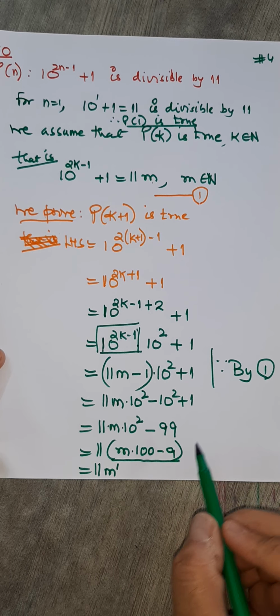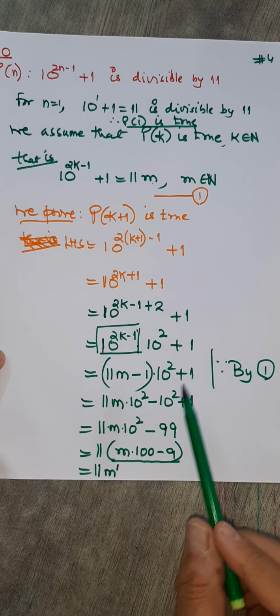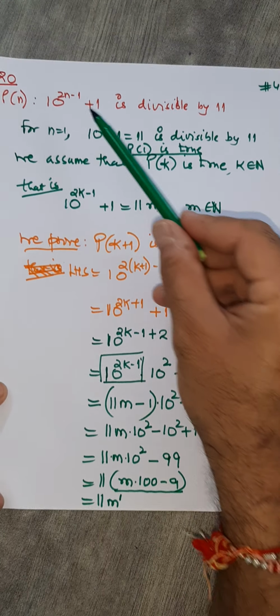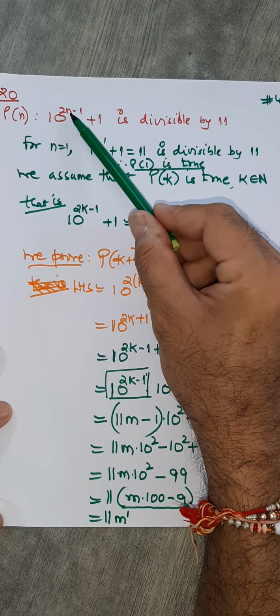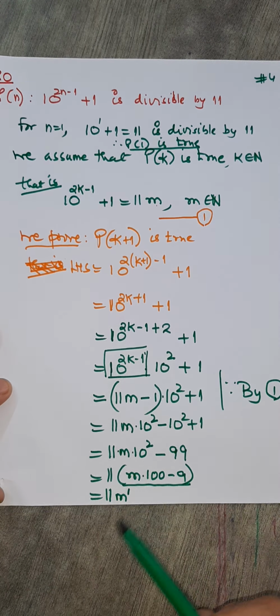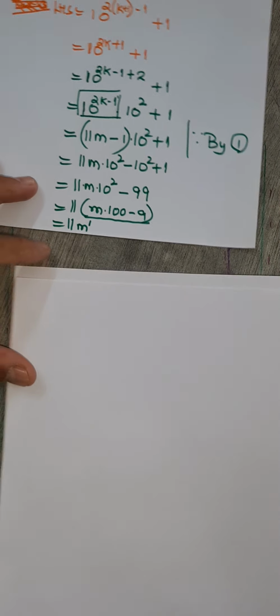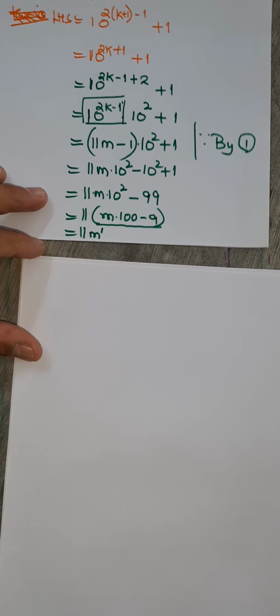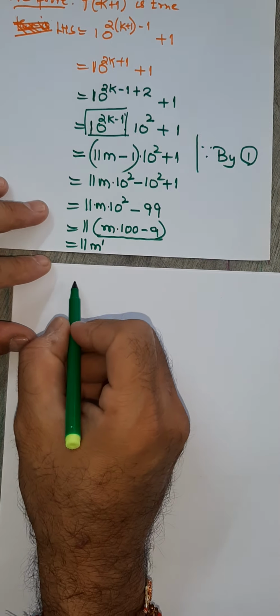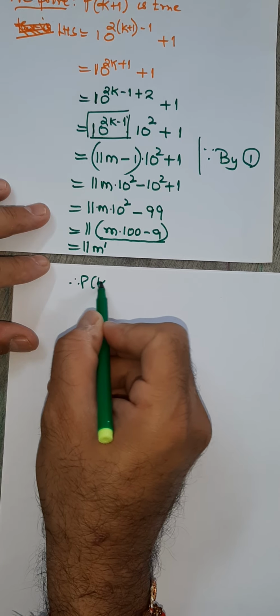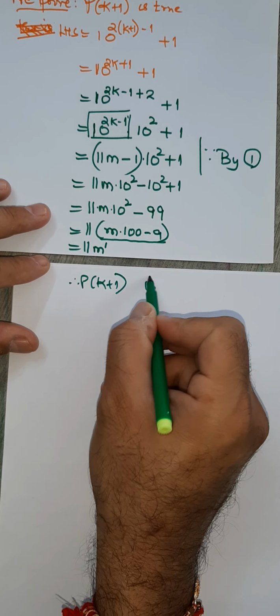Therefore, you can say that if I put k plus 1 instead of n here, this number is divisible by 11. And therefore P of k plus 1 is true.